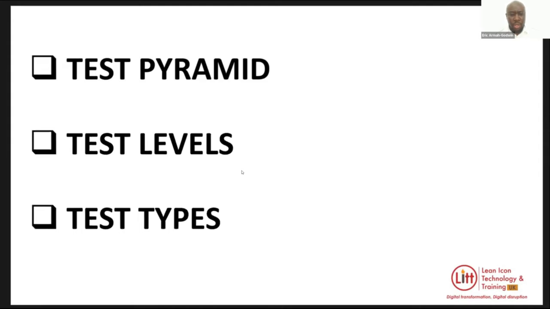One thing I want to make clear is that I'll only be touching lightly on test types, but I'll focus more on the test pyramid and test levels. I'll talk about the different test levels in the traditional life cycle, and then how it differs in agile life cycles.